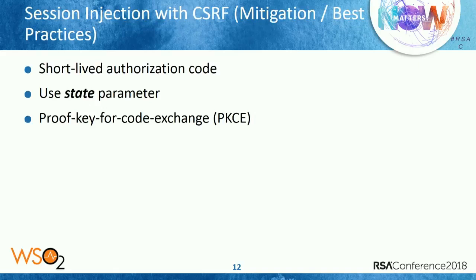Now you pick the code verifier from the user session and send the code and the code verifier to the authorization server. Now the authorization server will calculate the hash of the code verifier in that token request and see whether it matches the original code challenge. If those two match, then the authorization server will issue an access token. If not, you block the request. Right? So this is mostly used in native mobile apps. So if you use native mobile apps, you must use PKCE.